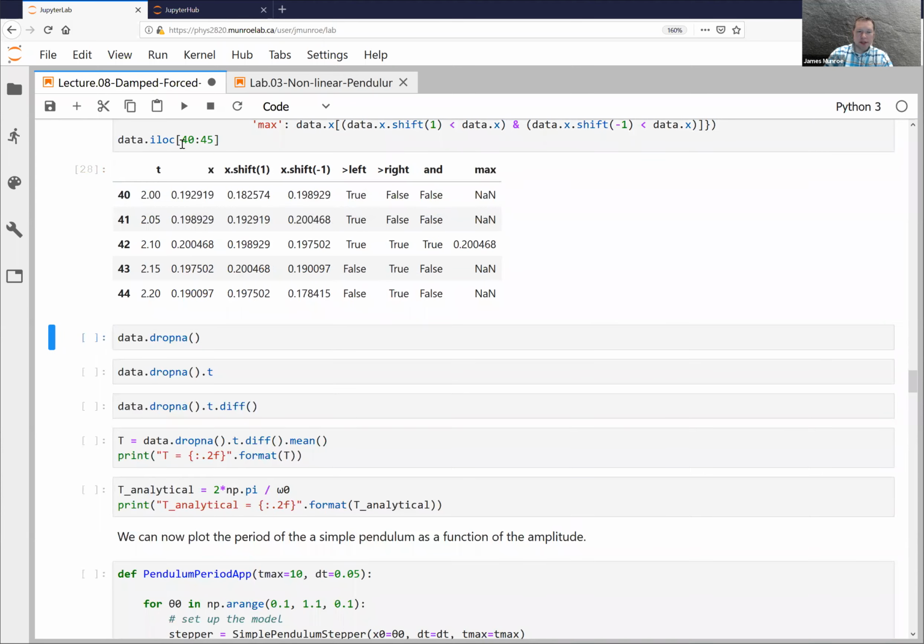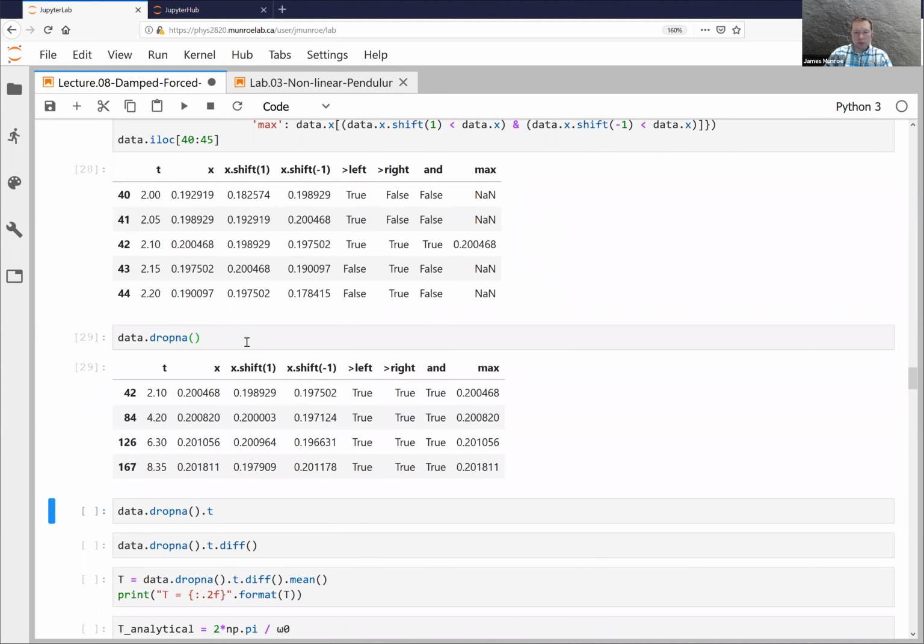So what I can do is I can use a pandas feature to drop all the not a things, not an infinity, not a numbers, just drop anything that's not a number. And that gets rid of all the lines in this 200 line table where there are any NaN, not a numbers, all the way through.